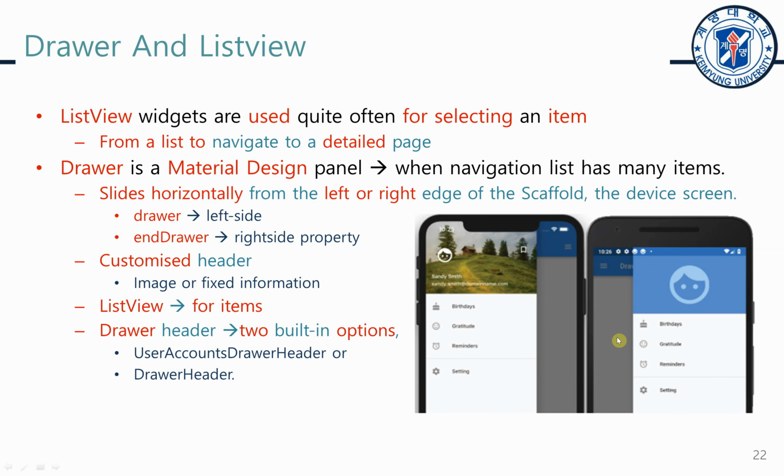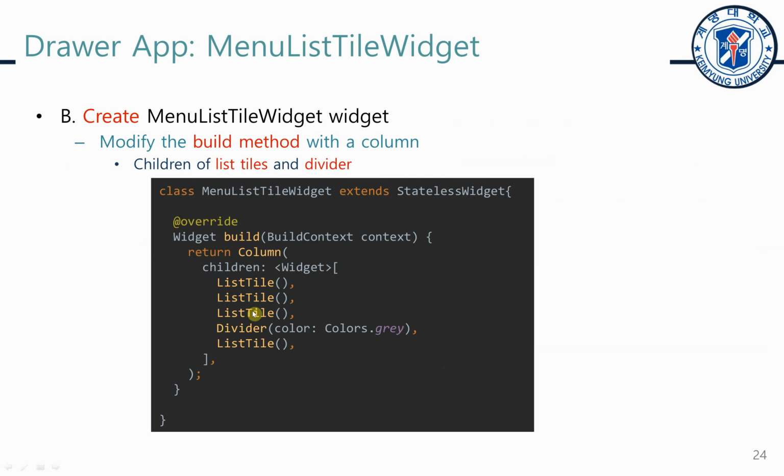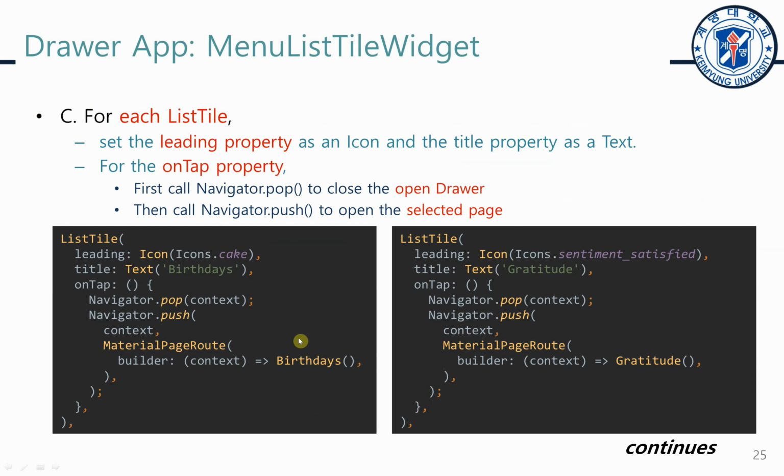So we can say create a menu list tile widget, and this menu list tile widget also extends a stateless widget, and it will return a column of list tiles, and then we'll fill in each of these list tiles with this method.